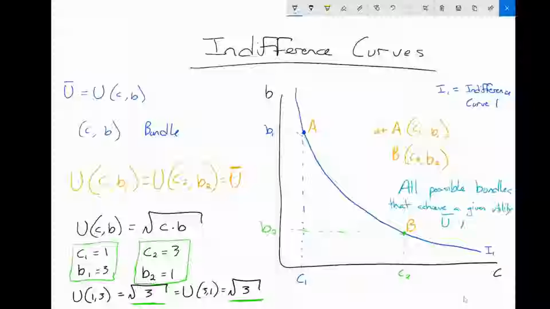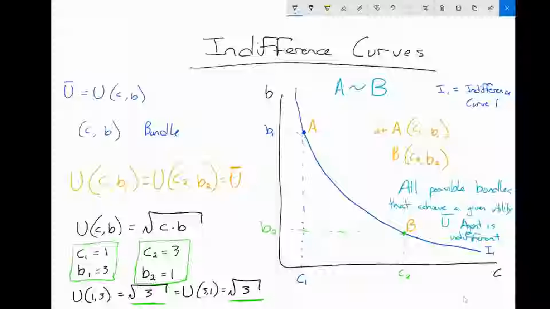That means the agent is indifferent between any bundle on this curve. That means the agent is indifferent between bundle A and bundle B. That doesn't mean that they don't have a preference. It means their preferences are well defined, and their well-defined preferences are that they are indifferent between A and B, and any other pair of bundles that lie on this curve. All right, so that's what an indifference curve is.